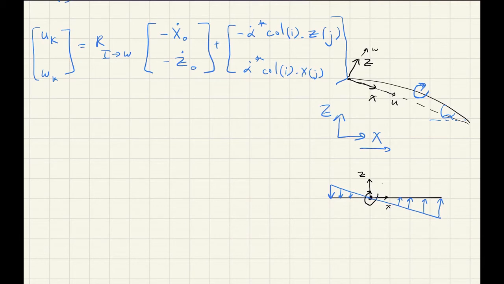if you are rotating at a pitch rate of alpha dot, then the velocity of this point is alpha dot times this distance here, which is just x. This is the velocity in the vertical direction, right?